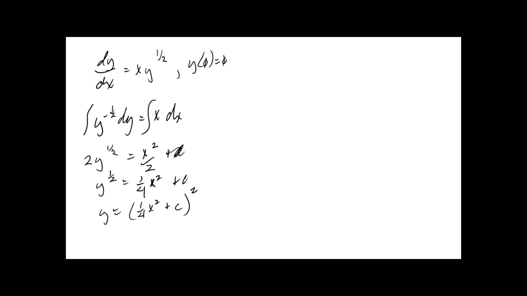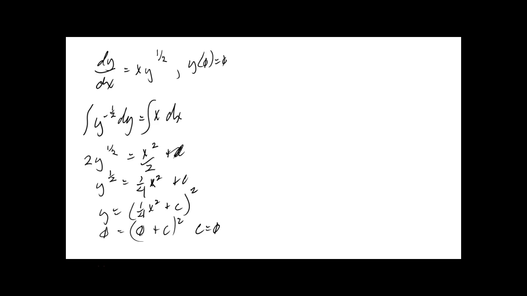So let's plug in x equals 0 and see what we get. We're supposed to get y is equal to 0. So 0 is equal to 0 plus c squared, so c obviously is 0. Okay, so that's the curve we use.